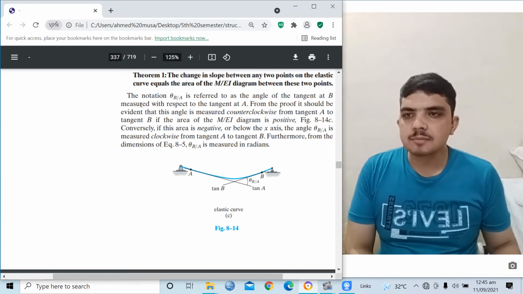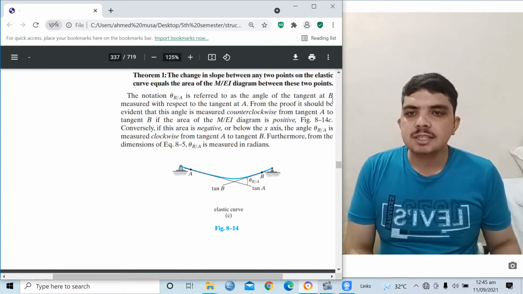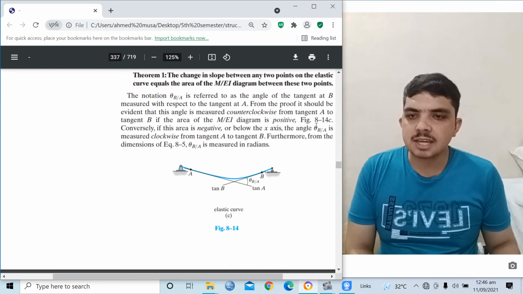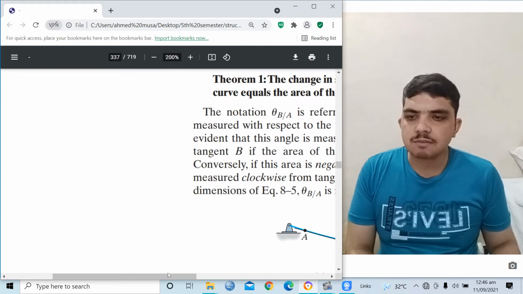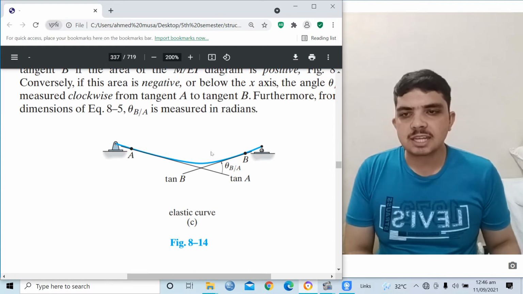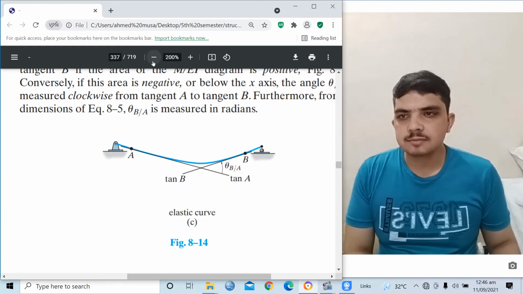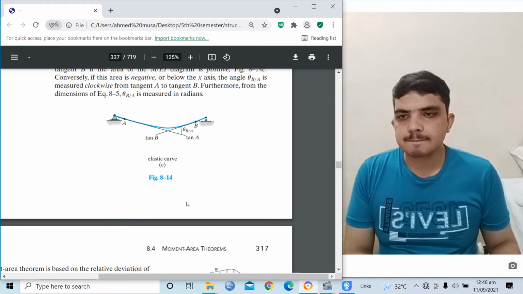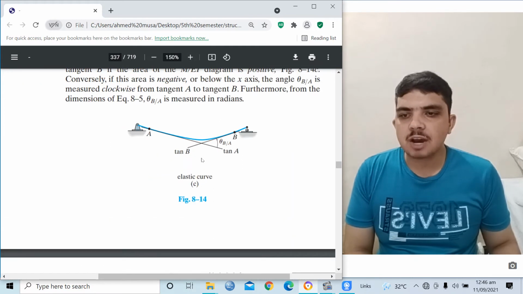The notation theta BA refers to the angle of the tangent at B measured with respect to tangent A. From the proof, it should be evident that the angle is measured counterclockwise from tangent A. You can see in this diagram, I will zoom it, this angle is measured clockwise from tangent A, and the answer should be in radians.